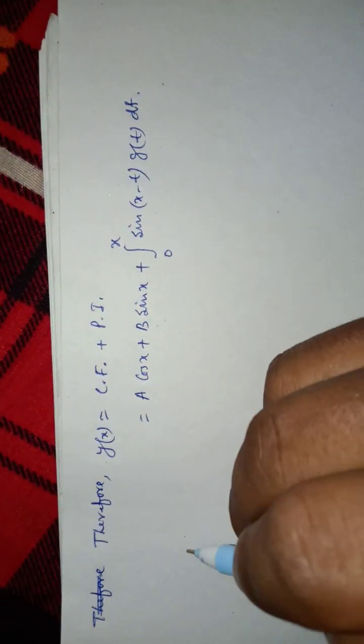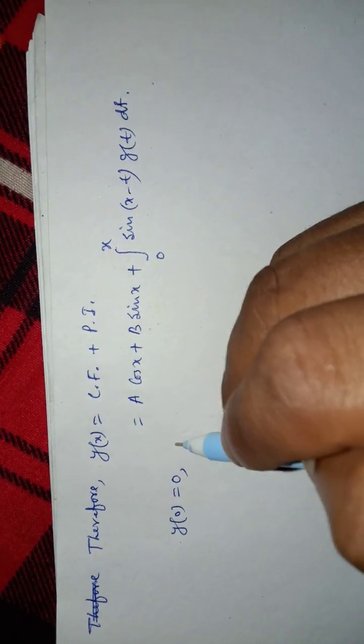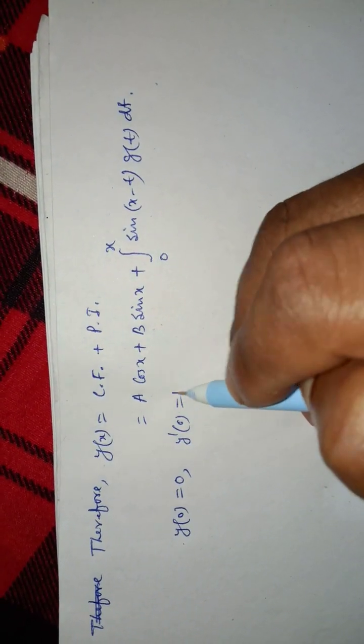Now we apply the given conditions: y of 0 is equal to 0 and y dash 0 is equal to 1.